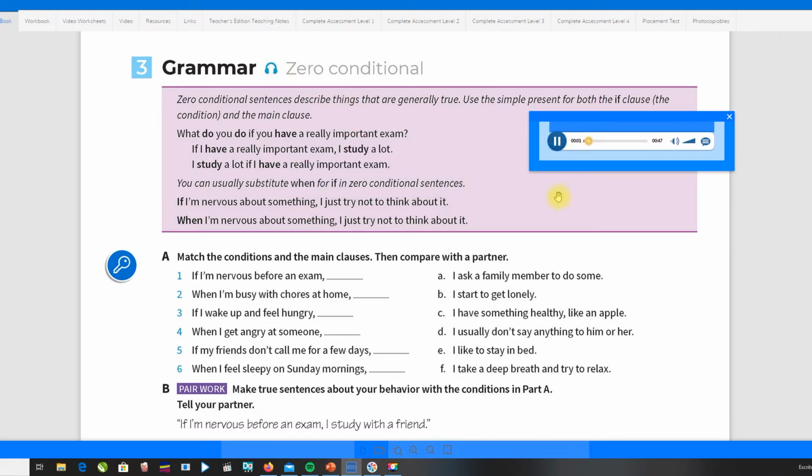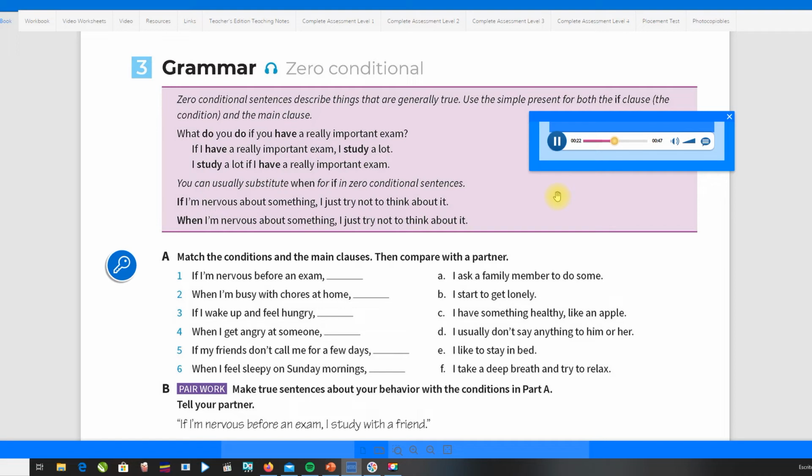Page 9. Exercise 3. Grammar. Zero conditional. Zero conditional sentences describe things that are generally true. Use the simple present for both the if clause, the condition, and the main clause. What do you do if you have a really important exam?